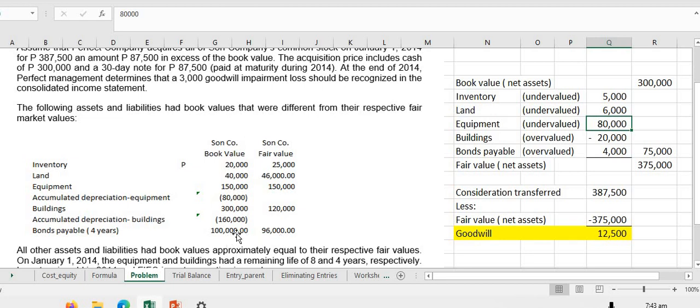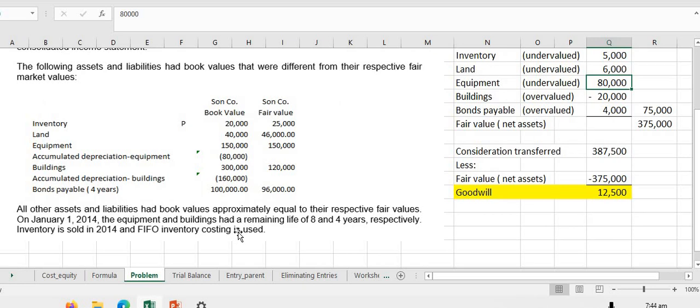All other assets and liabilities had book values approximately equal to their respective fair values. On January 1, 2014, the equipment has a remaining life of 8 years, and the building has a remaining life of 4 years, respectively. But our bonds payable has 4 years remaining term.